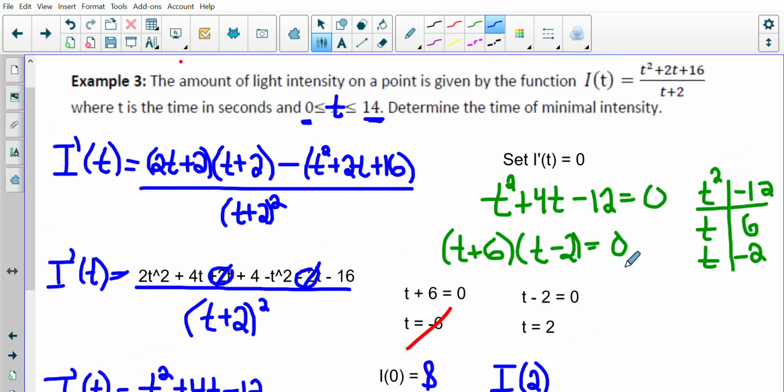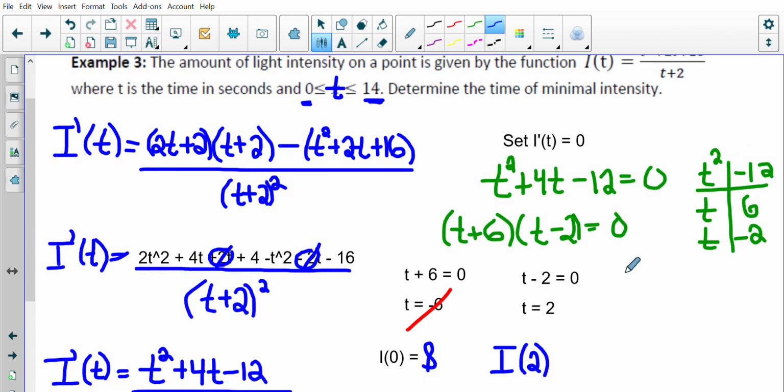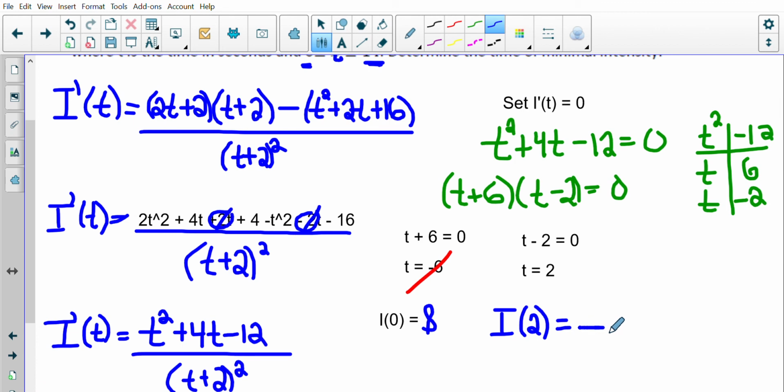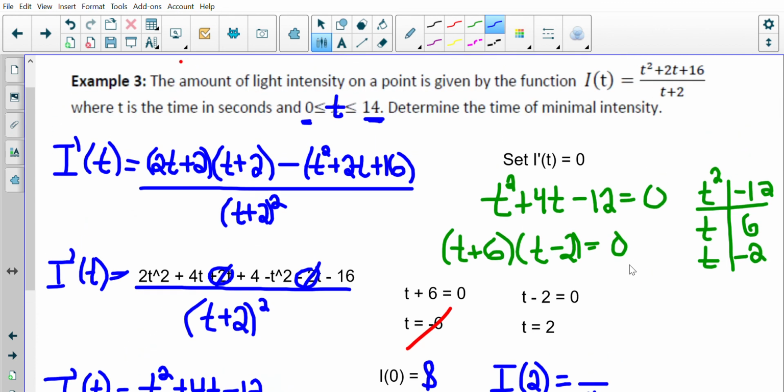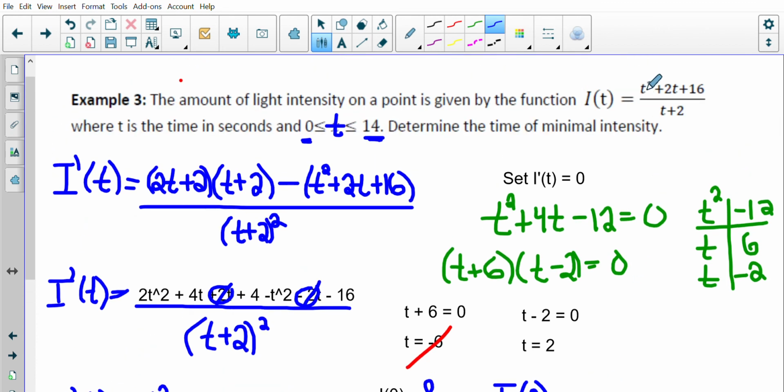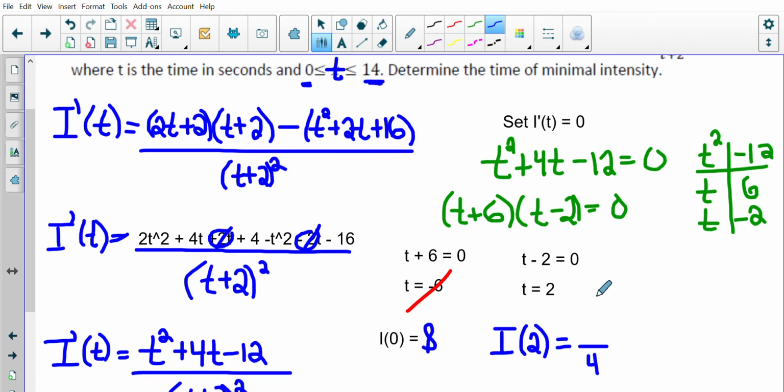So again, I'm sorry if I have to keep scrolling up. I of 2. Well, the bottom's going to be a 4. What about the top, though? 2 squared is 4, plus another 4. Plus 16, so 4 plus 4 plus 16 when I put a 2 in there, so that's going to be 24. And 24 divided by 4 is 6. Okay, so that's what we're looking for, minimum so far.